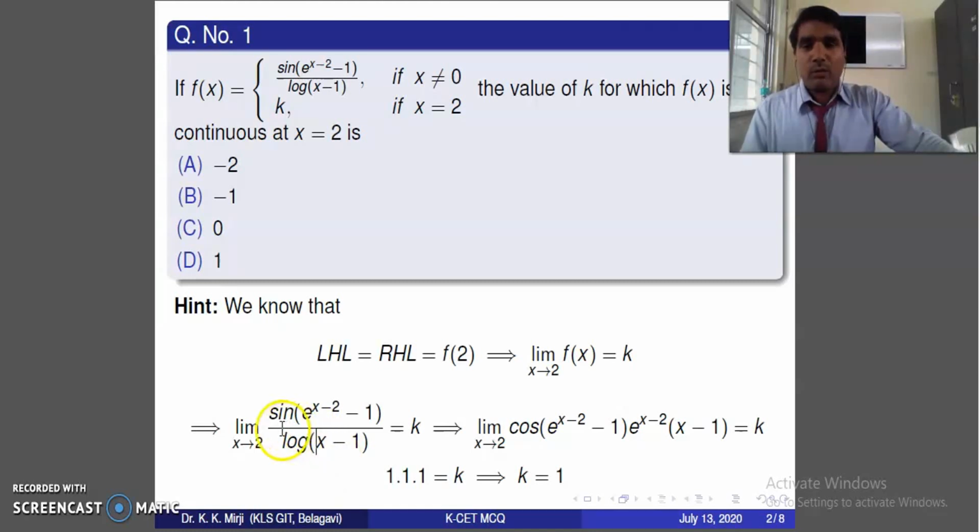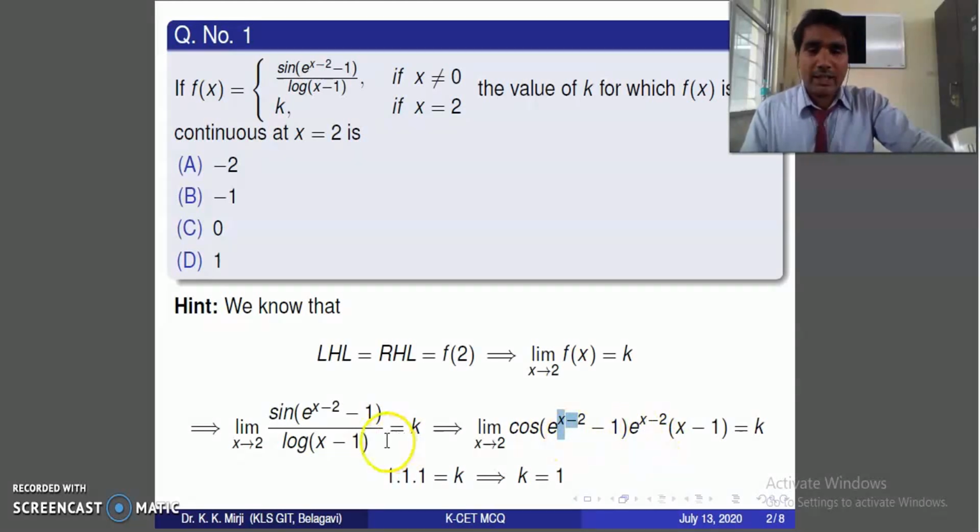In L'Hospital rule, what we do is differentiate the numerator separately and the denominator separately. If you differentiate the numerator, sine of (e to the power x minus 2, minus 1) becomes cos of (e to the power x minus 2, minus 1). Then the chain rule continues, and e to the power x minus 2 stays e to the power x minus 2, and the derivative of 1 is 0.